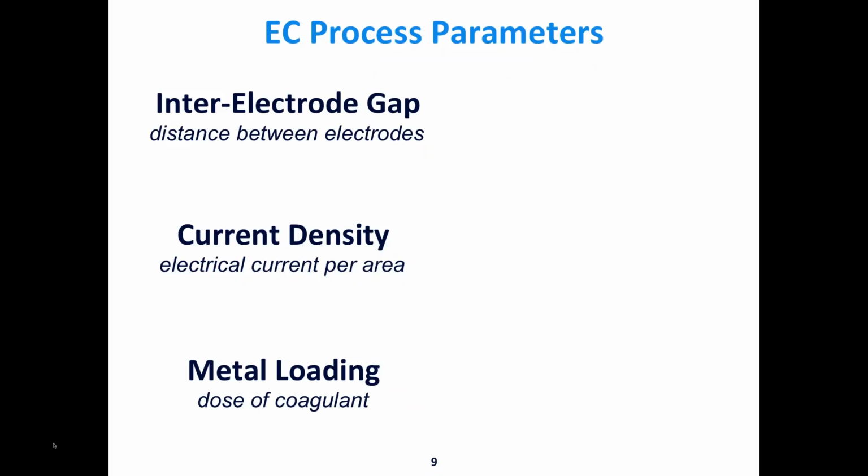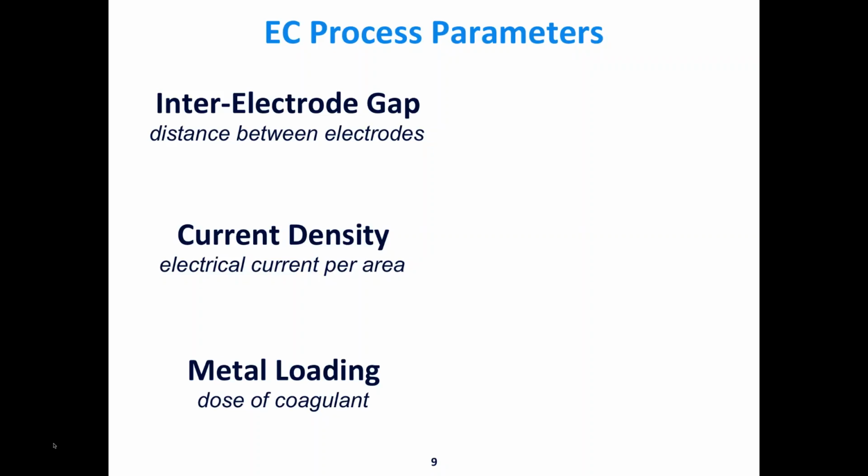If you remember the previous slide, if you go from a one cell arrangement up to a four cell arrangement, your current density would decrease because the same amount of overall current is being spread out amongst more electrodes. Finally, metal loading is purely the dose of coagulant, so how much coagulant you're adding to the system.